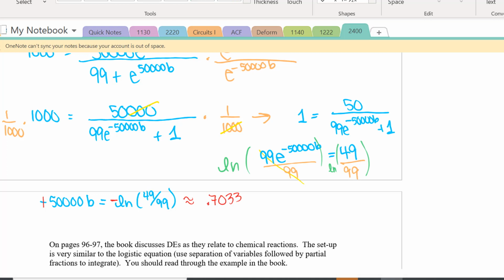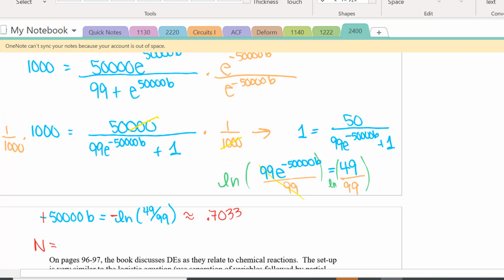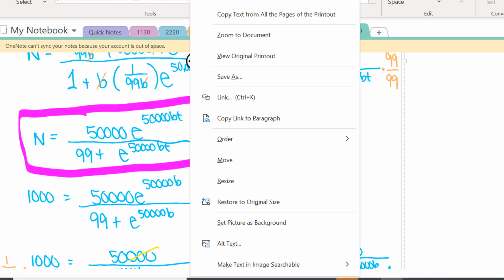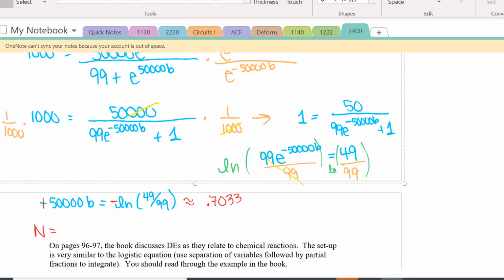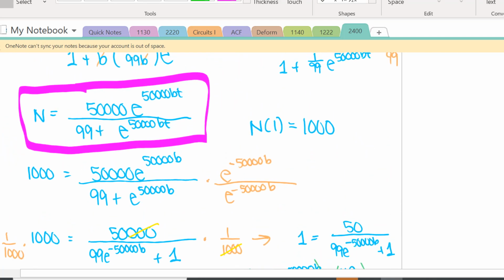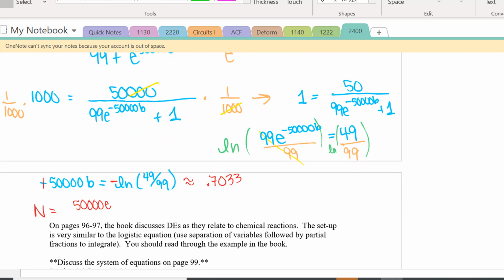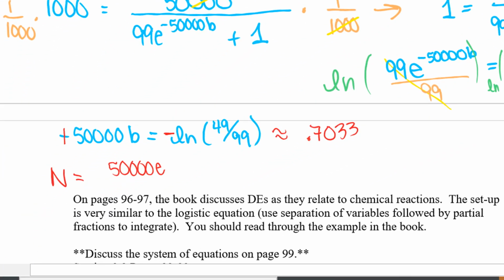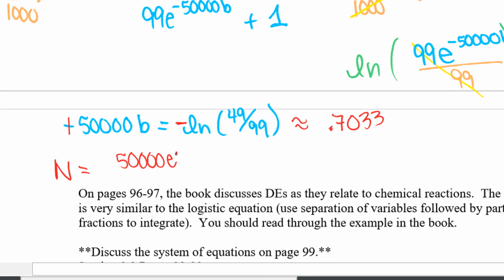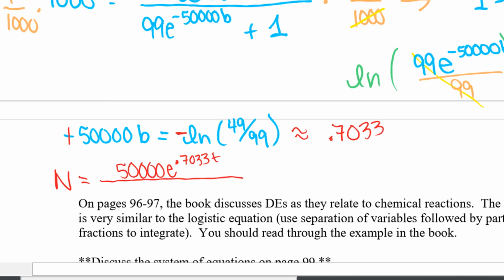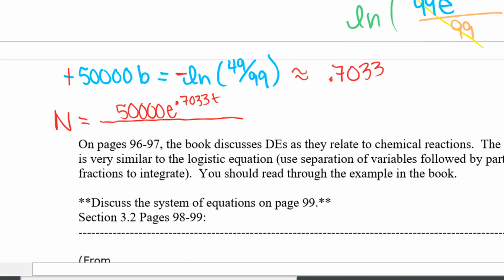So my N is given by 50,000 E and then the 50,000 B is going to be replaced by 0.7033, and that would be times T. All over 99 plus E to the same power.